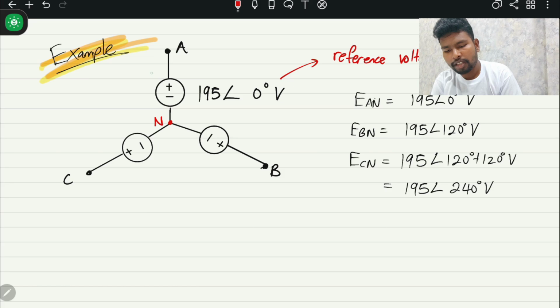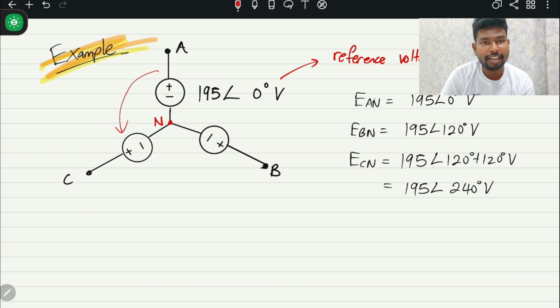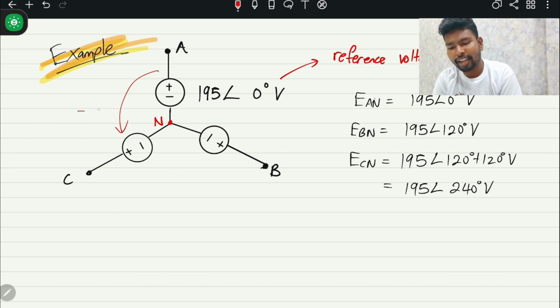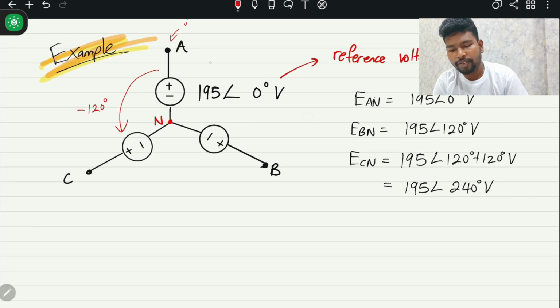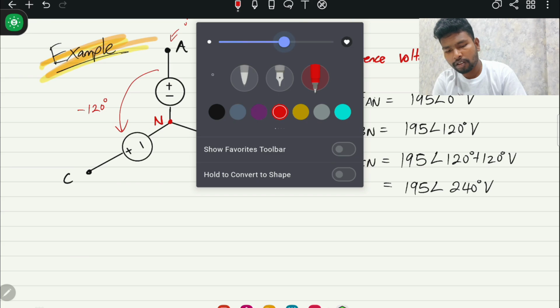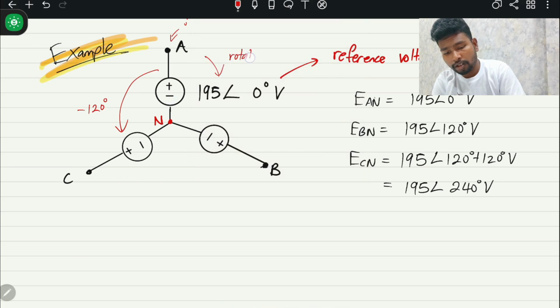If you look here, the line C is actually negatively 120 degree from line A. If we assume this is 0 degree, and if you assume this one as a positive rotation, then this will be negative rotation, isn't it?